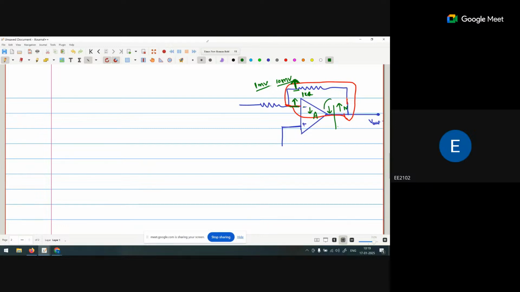So you can see when I change the voltage in a positive direction, the signal will be coming back in a negative direction. So it is a 180-degree phase shift, or we can say negative feedback.